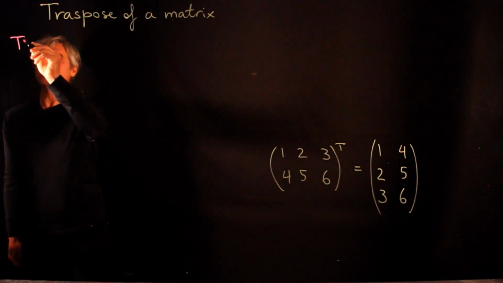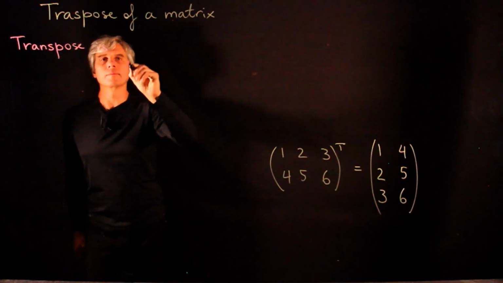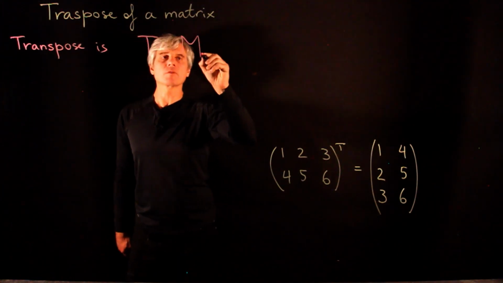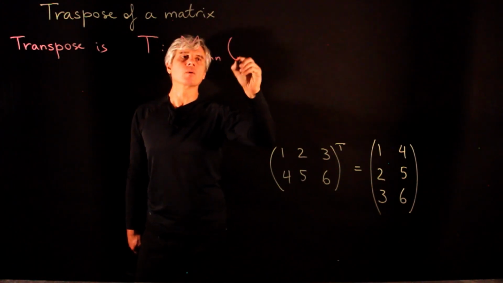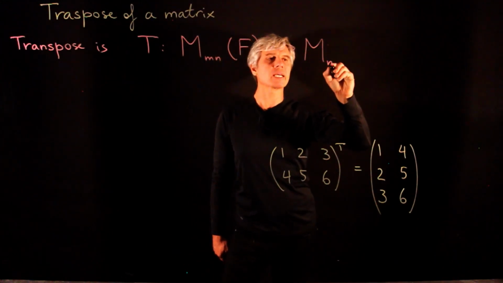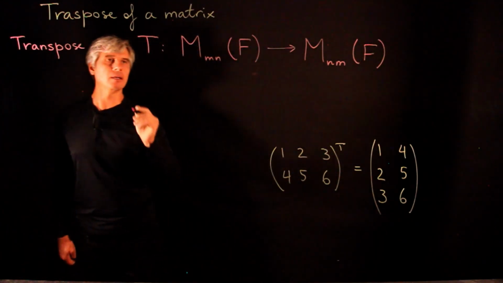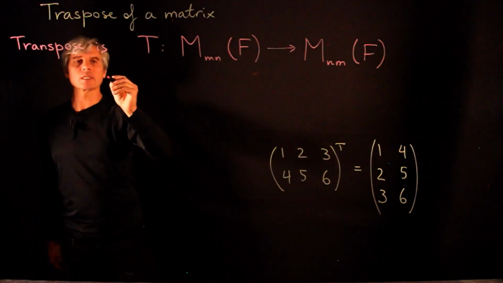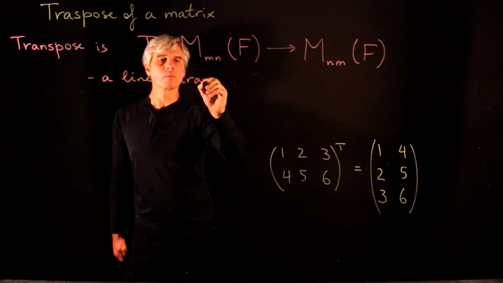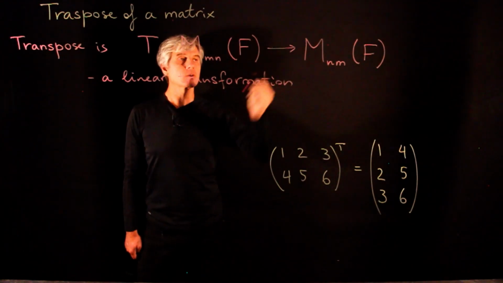And now we can say that transpose becomes a map or a function T from the space of matrices of size M by N over a field F to the space of matrices of size N by M over the field F. And what we claim is that this transpose is a linear transformation on the spaces of matrices.